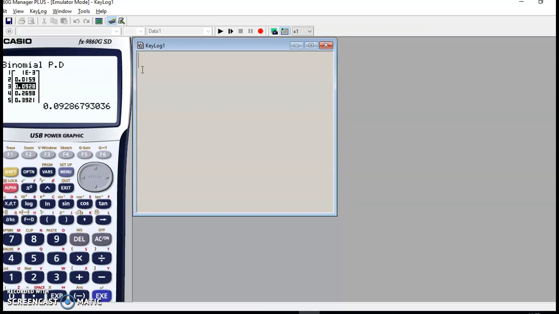So this is 0.0928, 0.2698, 0.3921, and 0.2279. If you add these together, you will get the same answer. You will get 0.983.